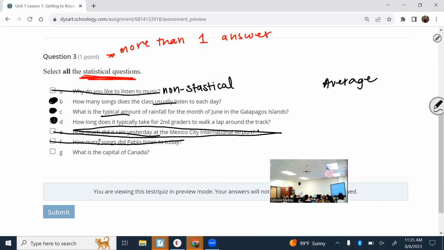But if you were trying to figure out how many songs the class usually listens to, this would be your survey question. That makes sense. And then what's the capital of Canada? Statistical or non-statistical? Okay, good. So just 3 answers for this one that are statistical. Not necessarily in this order, they might be shuffled, but now you know.